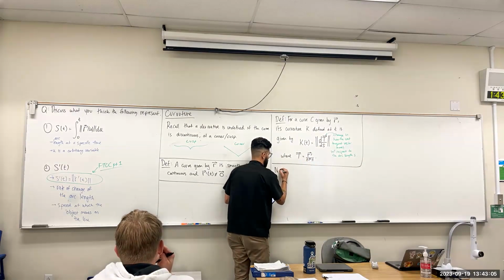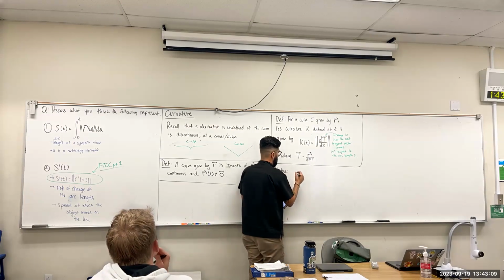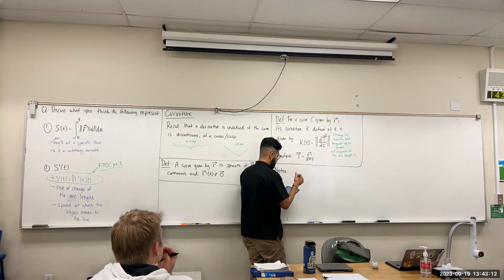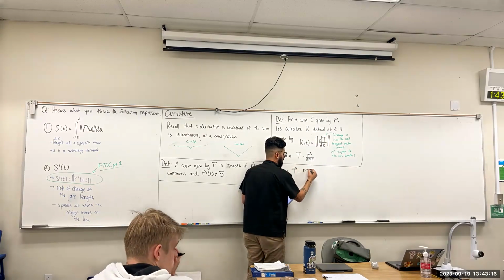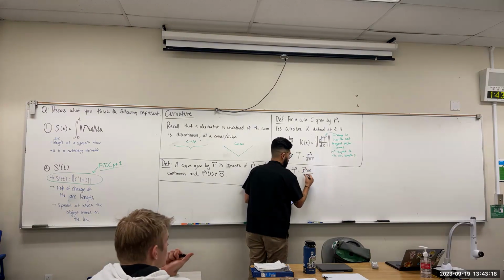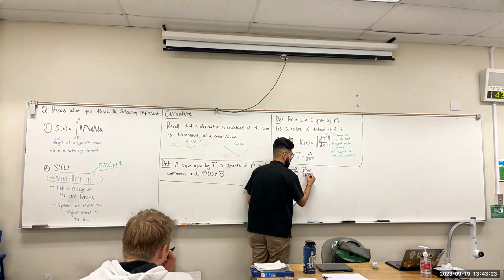So I want you guys to notice we have T here. I'm going to write it again. T of t is r prime of t divided by its magnitude.